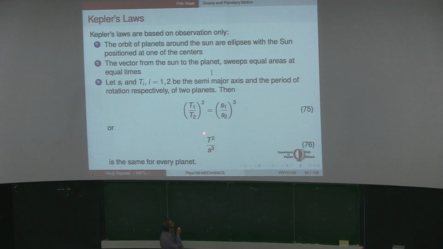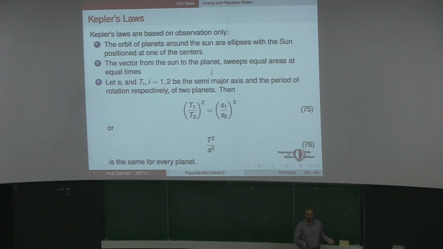The square of the ratio of the periods is equal to the cube of the ratio of the average distances. Or to put it another way, the period squared of any planet divided by the average distance from the sun of that planet, cubed, is the same for all the planets. If you calculate this for one planet, it's the same number for all the planets in the solar system. So these were his observations.